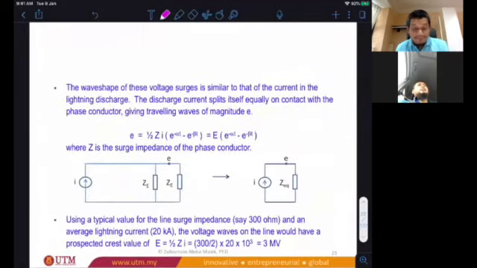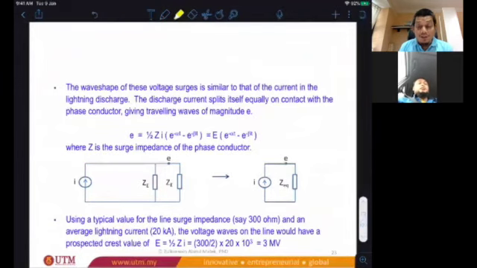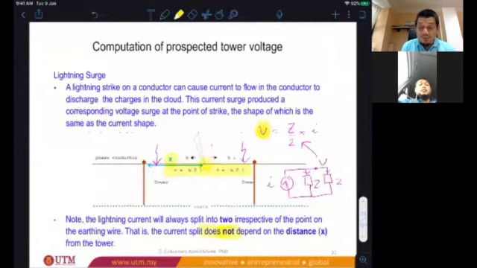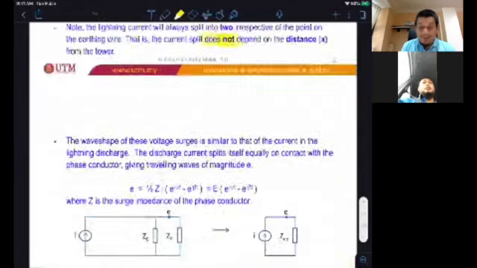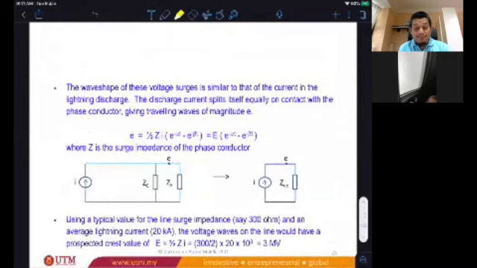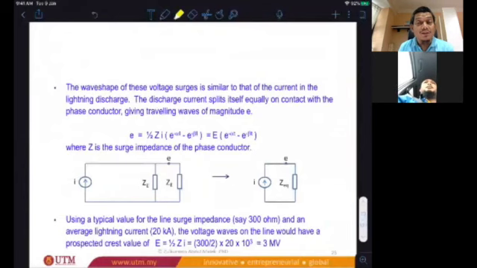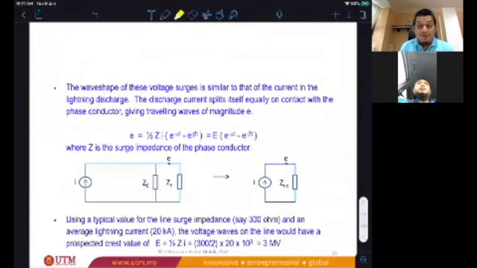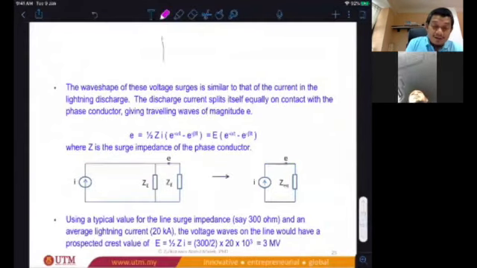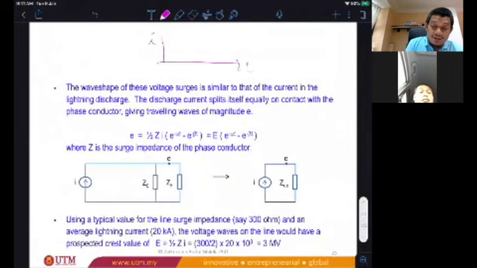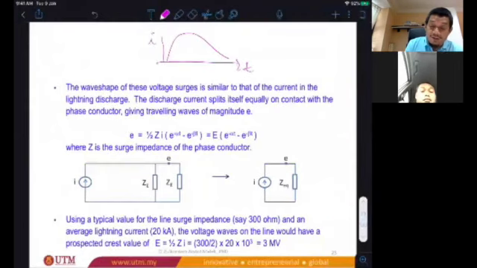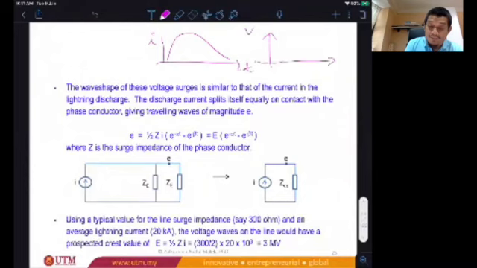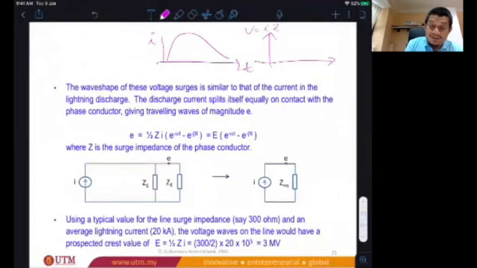Okay, move on. I've already given you the equation: the voltage is equal to Z over 2 multiplied by I. But if the current has a certain wave shape, the voltage will follow the same wave shape, because Z is in ohm. For example, if the current has this shape, then the voltage will also have the same shape. You just multiply by Z over 2.